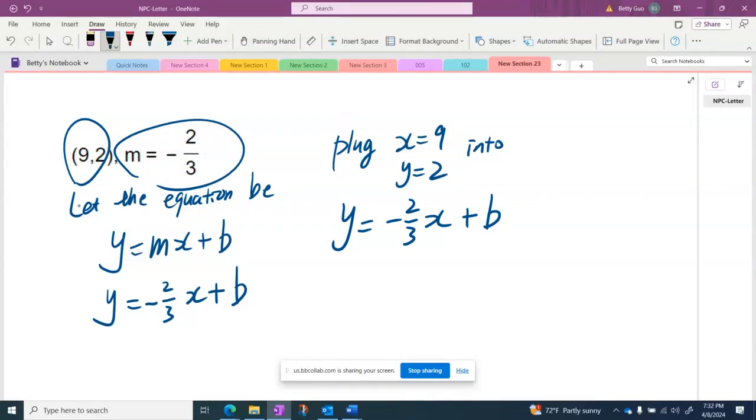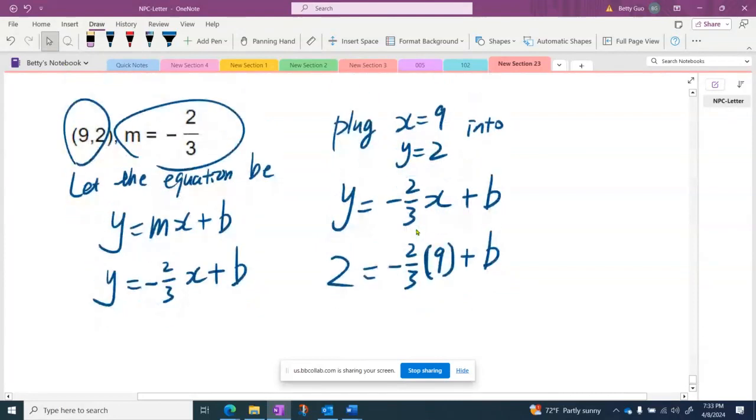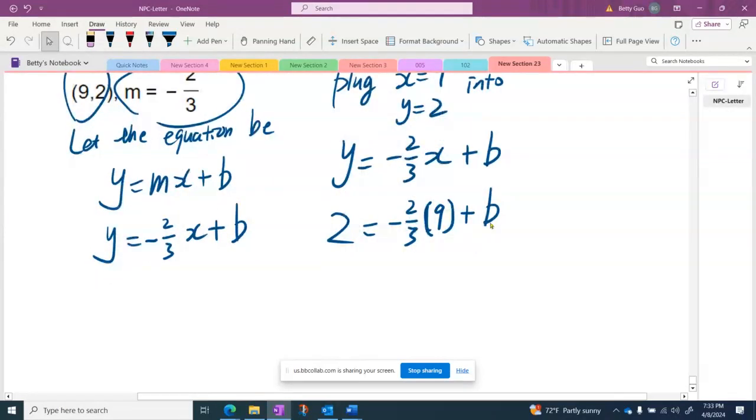Let's plug it in. y equals 2, put 2 here. x equals 9, put 9 here, plus b. And in this equation, after plugging in x equals 9, y equals 2, b is the only unknown. Let's calculate. I have 2 here, and negative 2/3.